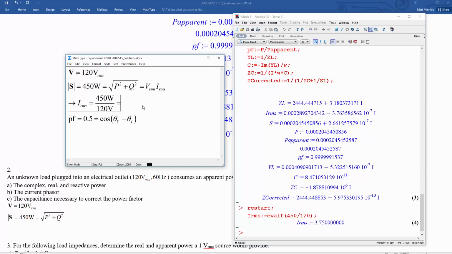Okay, 3.75, and that's going to be amps RMS. But if we want to know what the phase is of that, cos of negative theta I, which tells us that, so what angle would give you a cosine of 0.5? It should be 60 degrees. So theta I is equal to pi by 3.